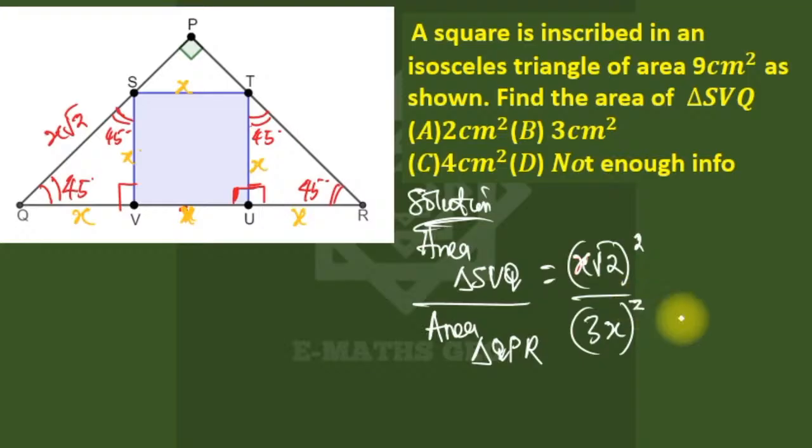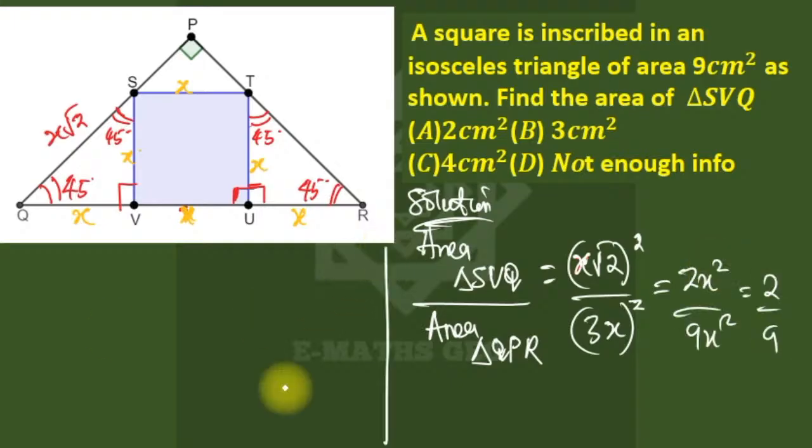And remember we are looking for this. Let's write 2x squared over 9x squared, which is 2 over 9. And if we compare, they gave us the area of the big triangle as 9, and we are looking for the area of triangle SVQ, which is equal to 2 over 9.